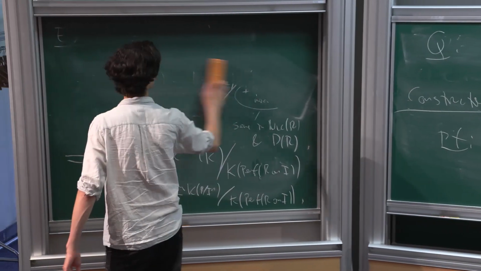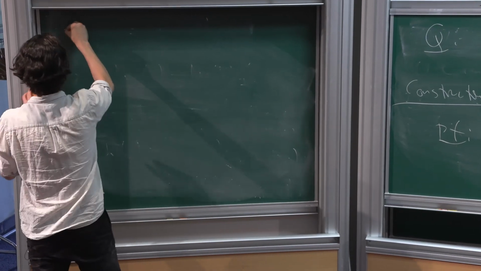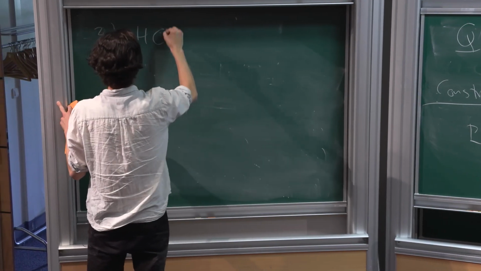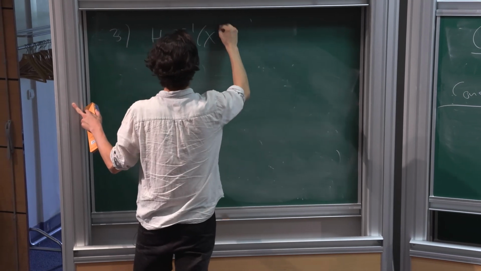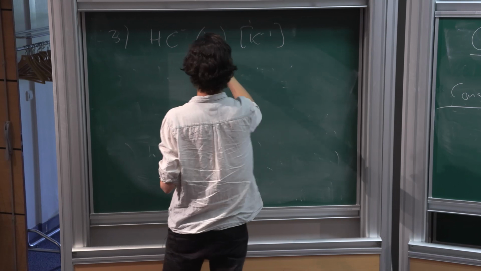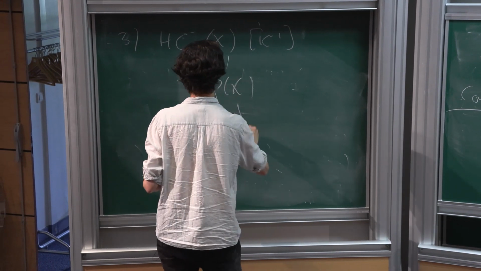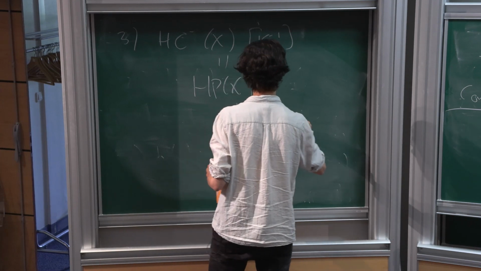And then 3 is that if you take HC minus of X and invert Karoubi, it's the same thing as HP of X, which is filtered by de Rham cohomology.